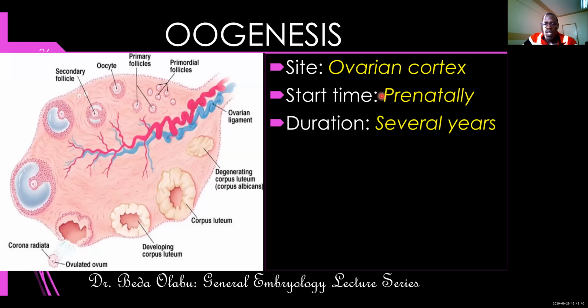And so we can just say it takes several years to form a single ovum. Beyond menopause, women are unable to form the oocyte anymore. So the process of forming the oocyte ends at menopause.